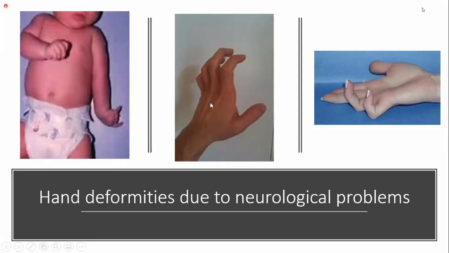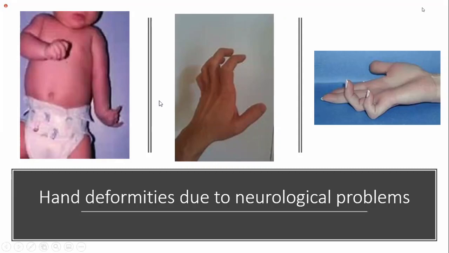So the small muscles, the interossei, some lumbricals are paralyzed, and the fingers are flexed because the long extensors and long flexors, the forearm muscles acting on the fingers, are functioning. The small muscles are not functioning. You get this claw hand deformity. It's called Klumpke's paralysis or lower brachial plexopathy.